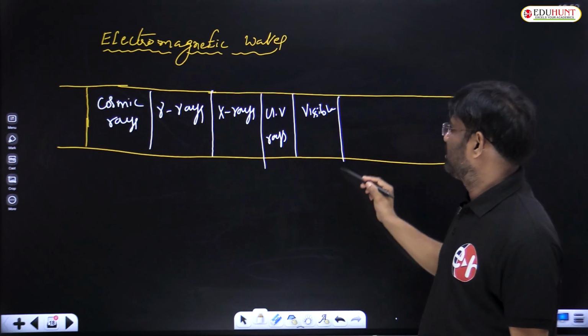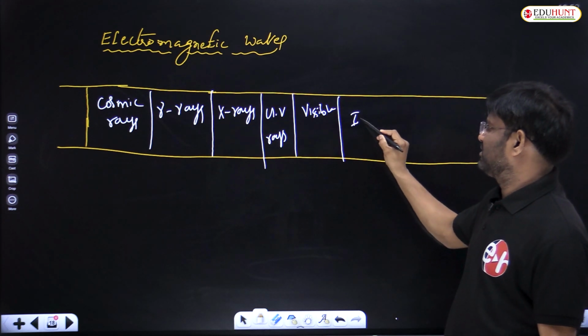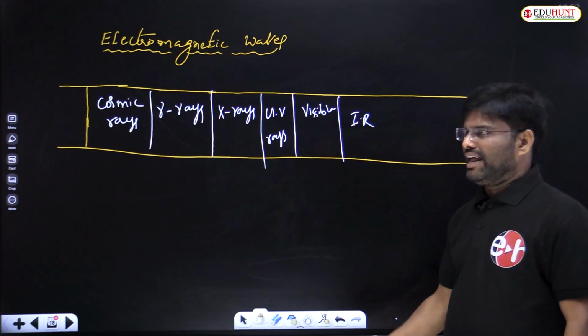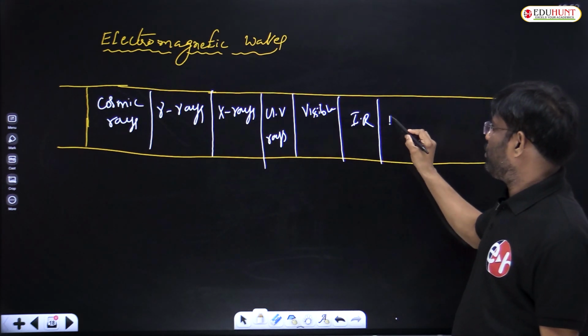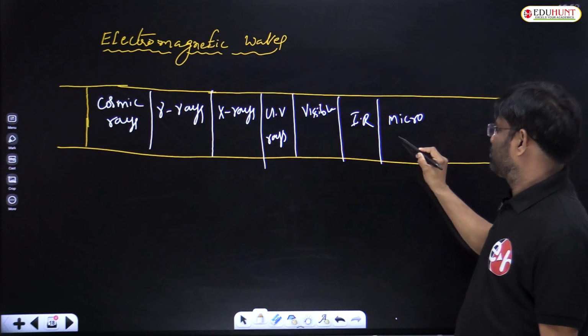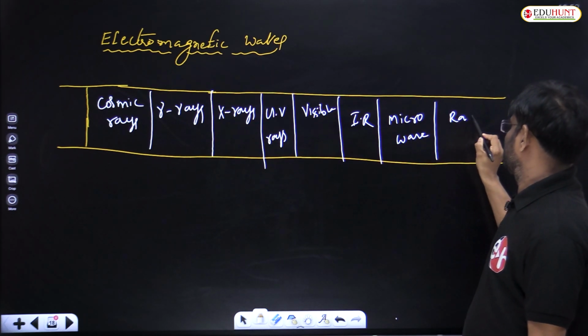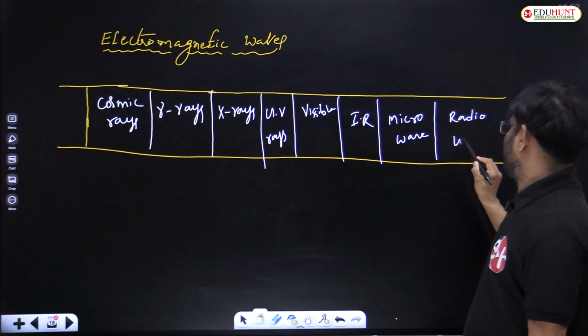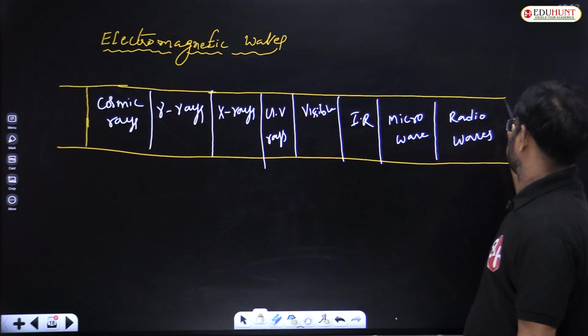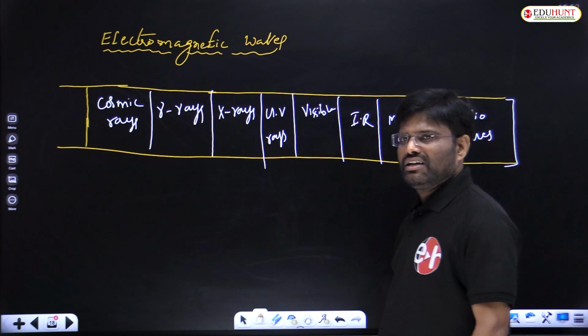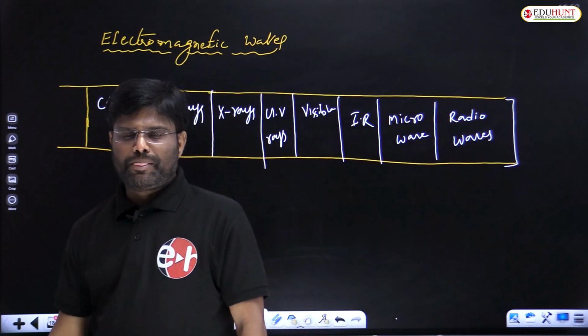Next, IR rays. Next, microwaves. Next, radio waves. So this is the electromagnetic radiation.